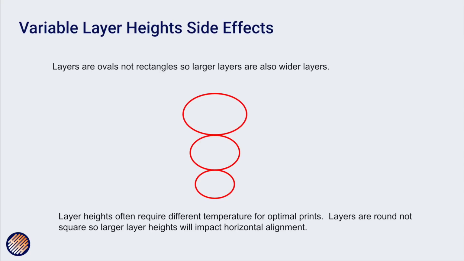Now, something we have to think about is when you increase a layer height, you're not increasing a rectangle. Layers don't get laid down as rectangles. They get laid down as ovals. So let's look at this diagram. And you'll see as you increase the layer height, the gaps around those ovals, the empty spaces, get bigger also.